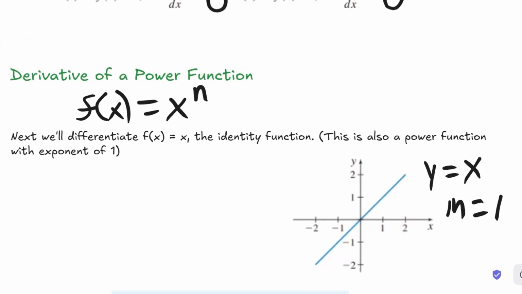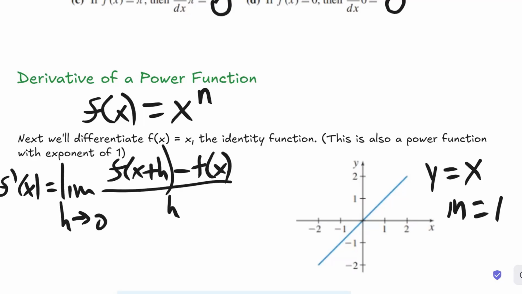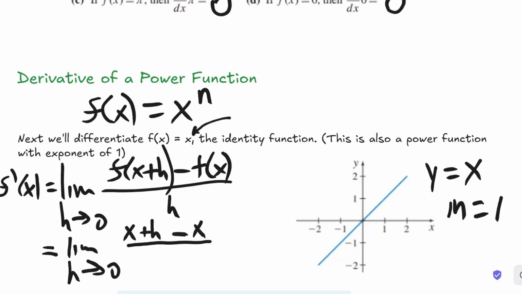So for the identity function, if you're taking the derivative of just x, it's always going to be f prime of x equals 1. Again, if we show the proof here, it's pretty simple. F prime of x equals, so I would take the limit as h approaches 0. F of x plus h, if you're just plugging that into x, is just going to be x plus h, minus f of x, which is just x, all over h.